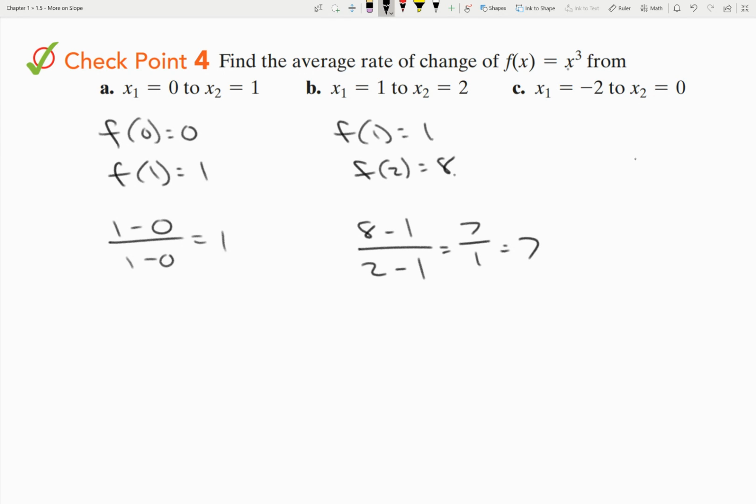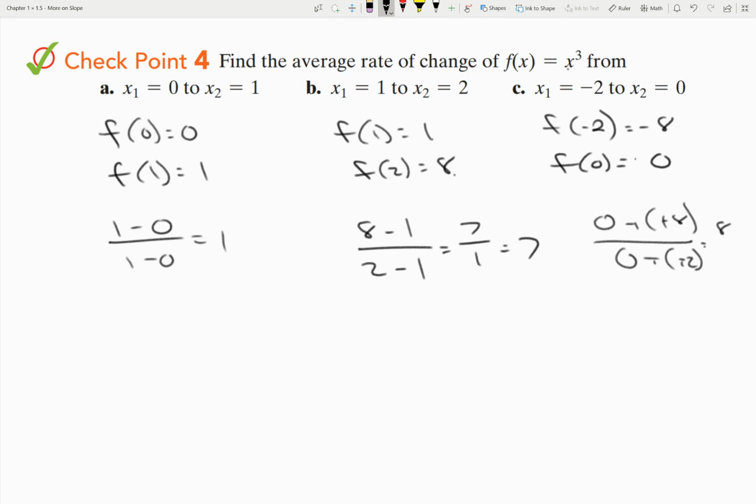This one might not turn out the same as the parabola because f of negative 2 is negative 8, and f of 0 is 0. So f of x2 minus f of x1 over x2 minus x1 now gives me a positive 8 over 2, which is 4.